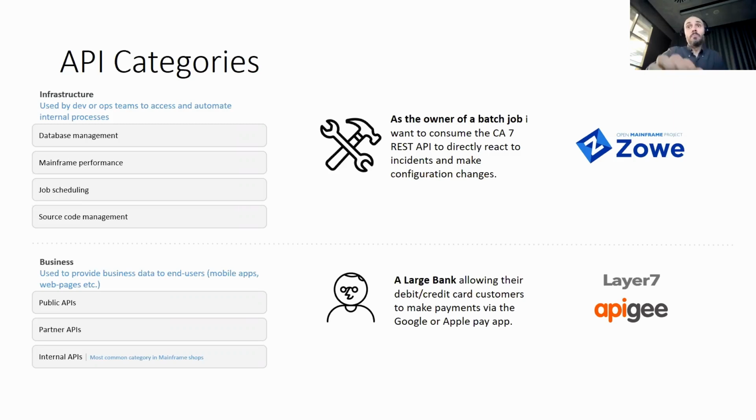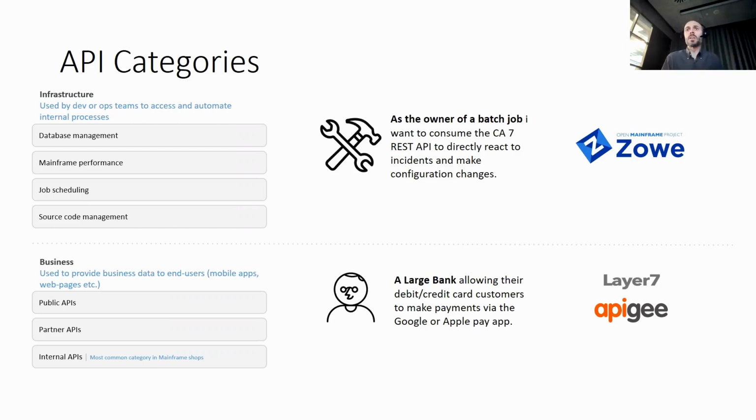For infrastructure APIs, within the Zowe community, and certainly here at Broadcom, we recommend the Zowe API mediation layer as a mediator to manage z/OS services used by teams for DevOps and IT automation.